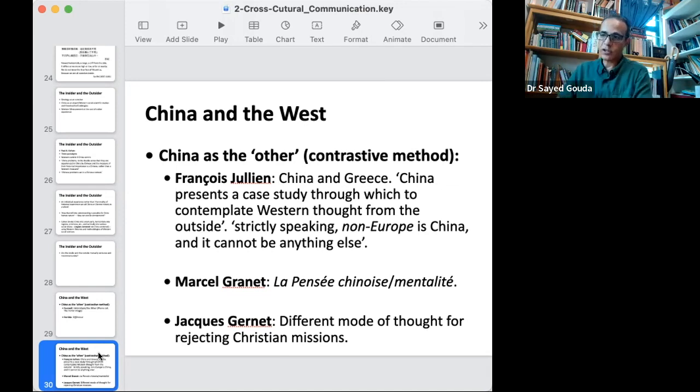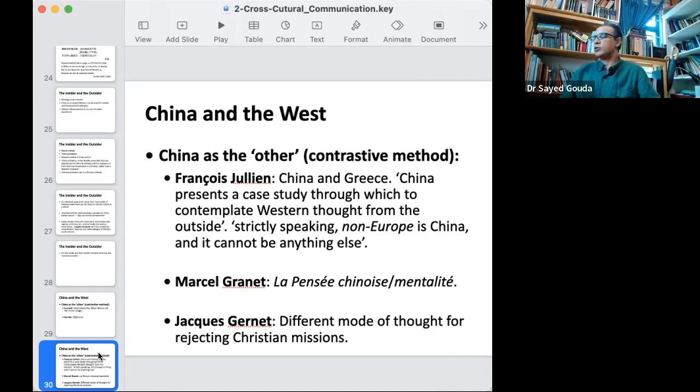Like, for example, François Jullien, in many of his writings he always compared China and Greece, especially ancient China and ancient Greece, and always introduced China and Chinese culture and civilization as quite the opposite of ancient Greece, quite the opposite.